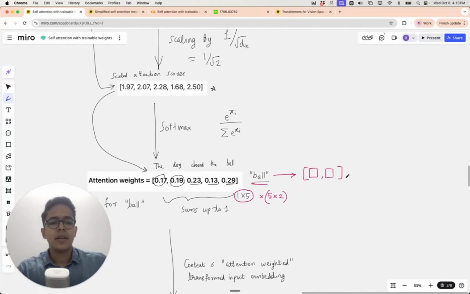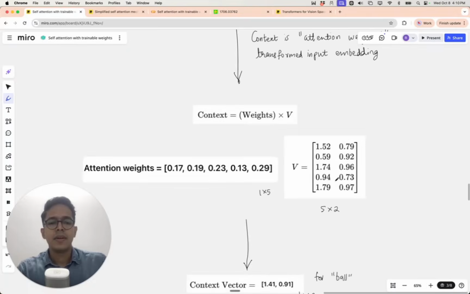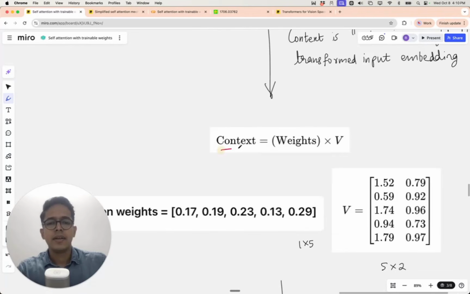So let me go back here. The context vector is built from normalized attention weights. Not just normalized, you scaled the attention scores by square root of d, then you took the softmax. So this became the attention weights. Now how many attention weights do you have? The attention weights are 5 by 5.